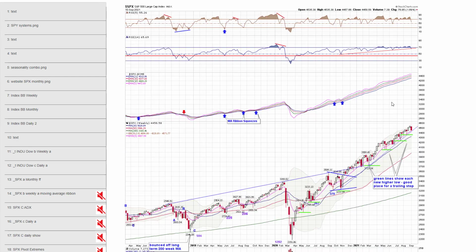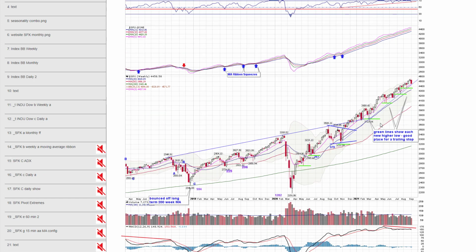So chart number 14, here's the weekly view of the S&P. Just a nice simple guide. You've got a trend line here on the RSI to monitor. You have your moving average ribbon. And here, again, you can see the steep uptrend. A simple guide also for, say, a swing stop for a 401k type plan would be at the higher lows.